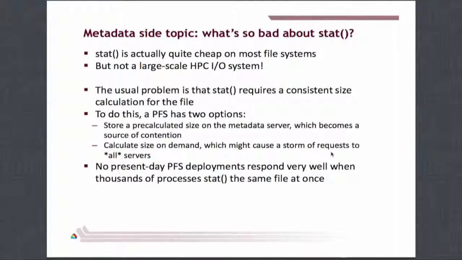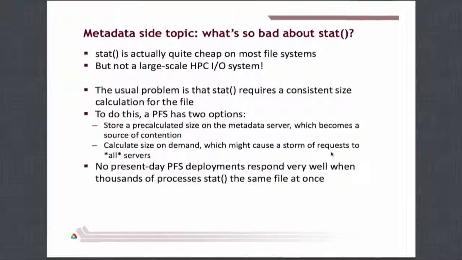But it's not something you want all your processes to do simultaneously because it's a hard thing for the file system to do. And the whole reason that stat is difficult for the file system is that one of the fields in stat is the file size. So if you stat a file, the file system needs to figure out the size of that file and report it back to you.